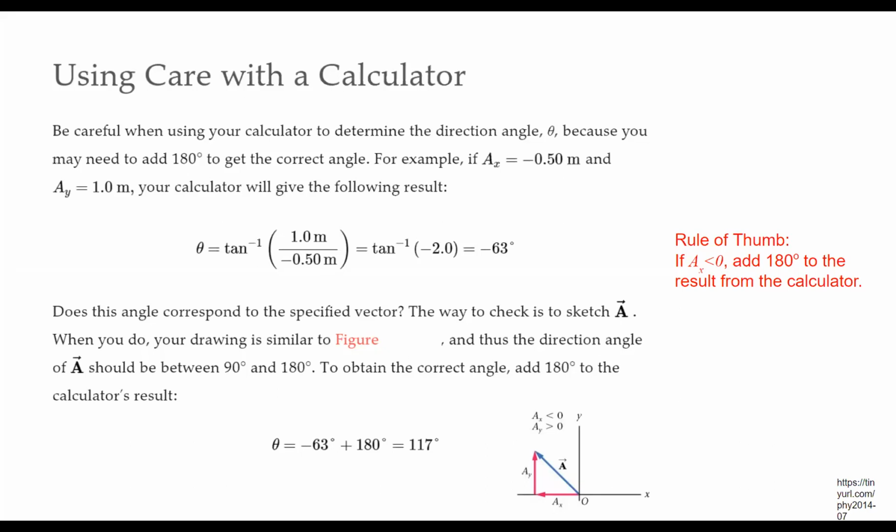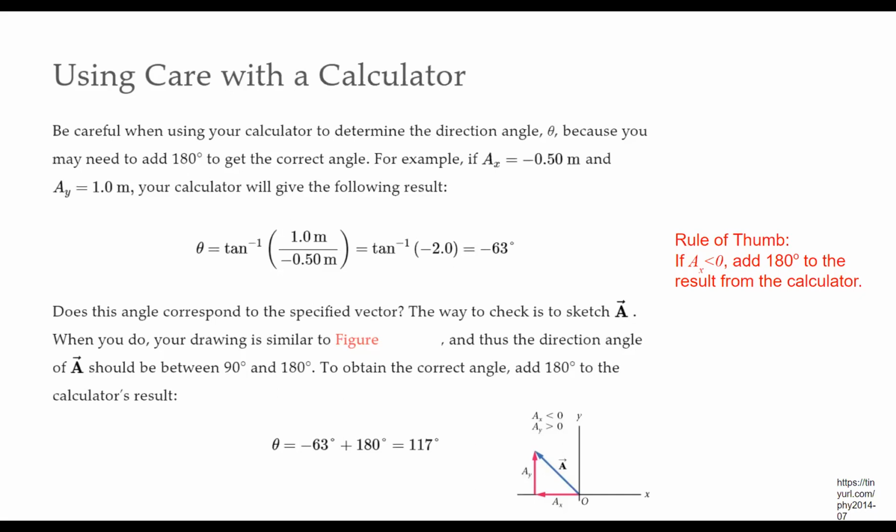So in that scenario, always check one component, the x component. If the x component is negative, then to the result you get from your calculator, you want to add 180. So pay attention to that. Once your x component is negative, then when you calculate tangent inverse from your calculator, you need to add 180 to it.